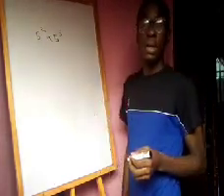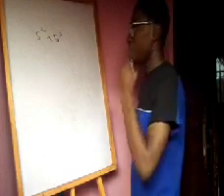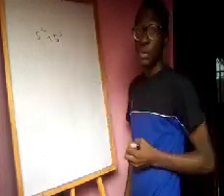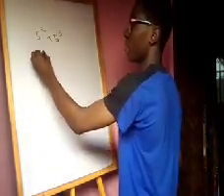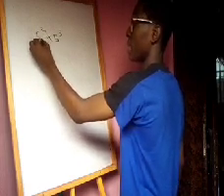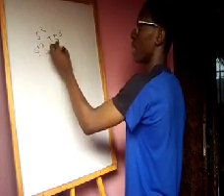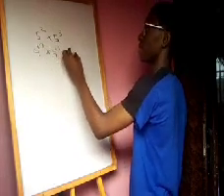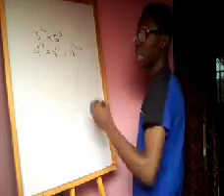If you don't want to be stressing yourself doing too much arithmetic, you can basically use the laws of indices for this. Now there's a law of indices that says when you have any number, let's call that number a, raised to power m, and you multiply by that same number a raised to another power n, your final answer will be a raised to power m plus n. That's the first law of indices.